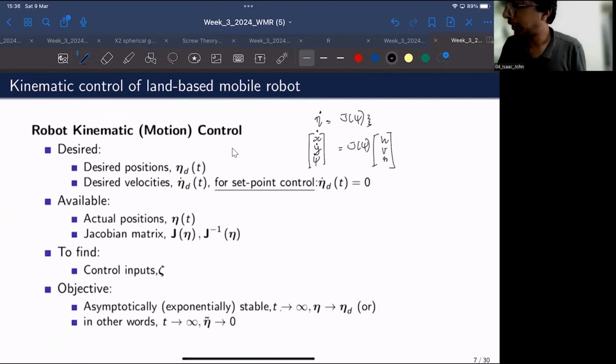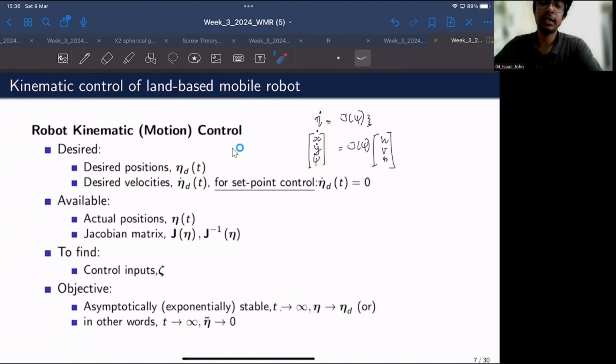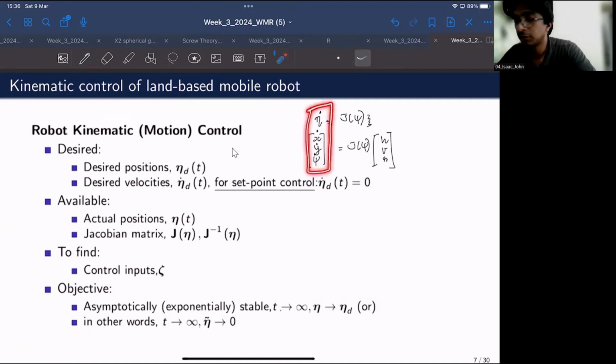You can use this vector eta to define the desired trajectory of a robot, because eta is defined with respect to the inertial frame of reference, and that is how humans external to a robot would also perceive the motion of a robot.